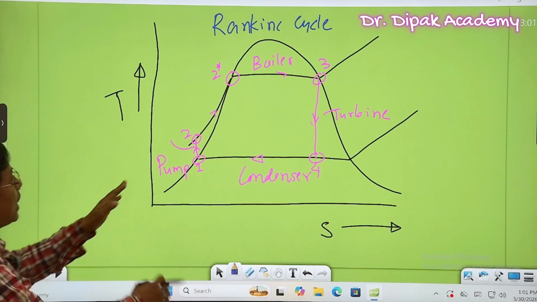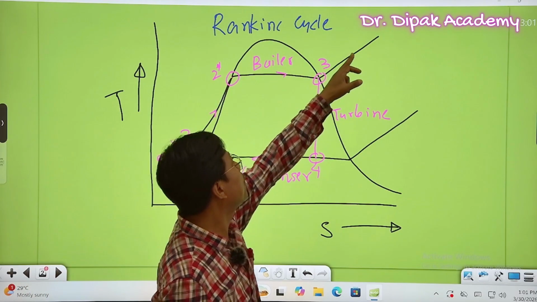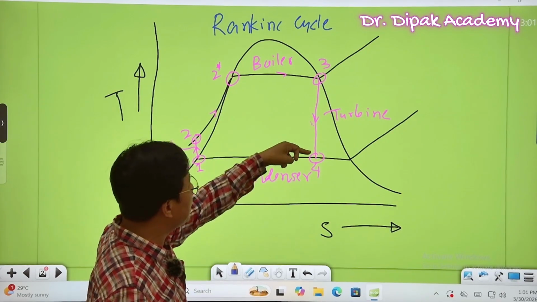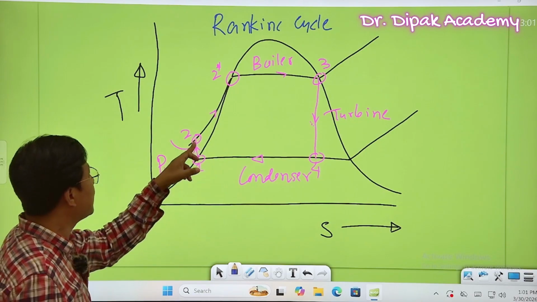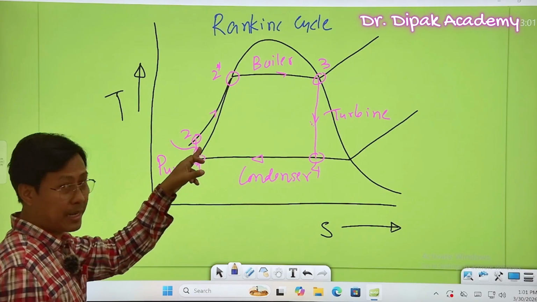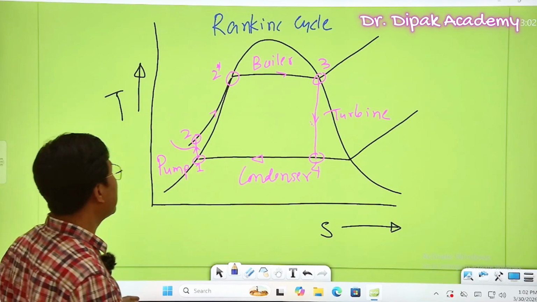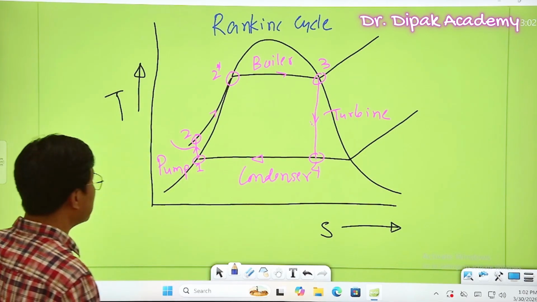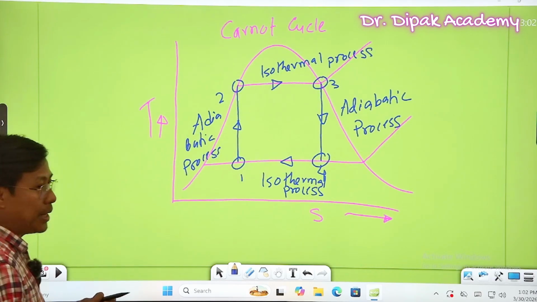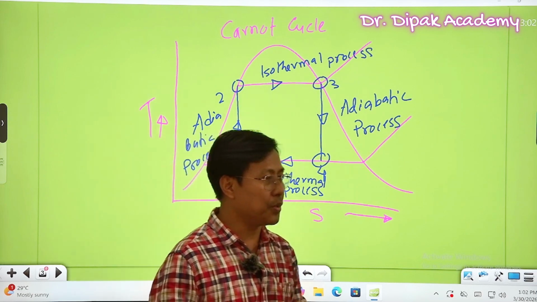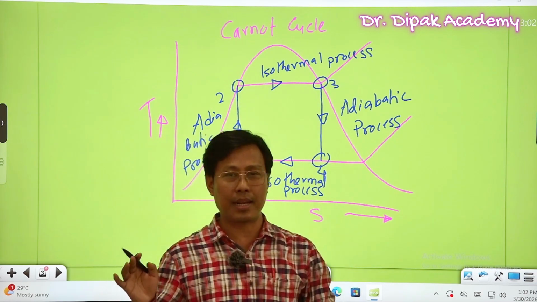So these are the modifications: a constant pressure boiling process, then a reversible adiabatic process in the turbine, then condensation, and then a reversible adiabatic process in the pump. These are the very important differences between the Rankine cycle and the Carnot cycle. Here I have tried to make you understand how they are different.